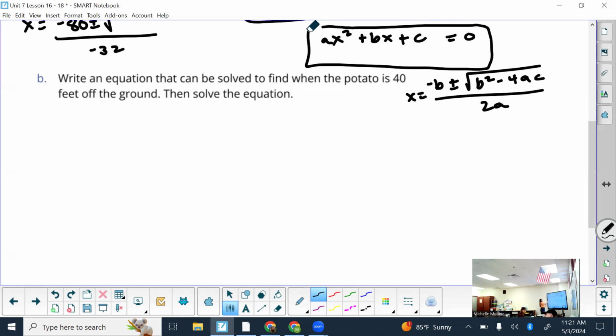For this problem, this is from the notes, but we really didn't have time for it. This is like one of your constructed response test questions, where it says, write an equation that can be solved to find when the potato is 40 feet off the ground. So the given equation was this. I just had to scroll down. Let me put it back.